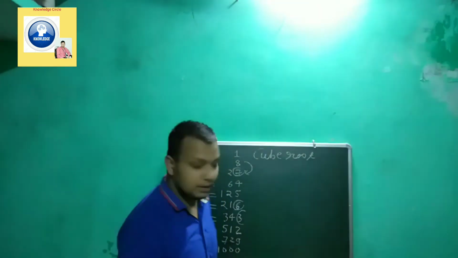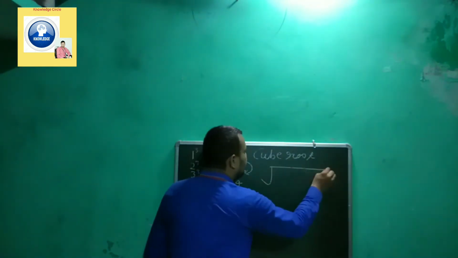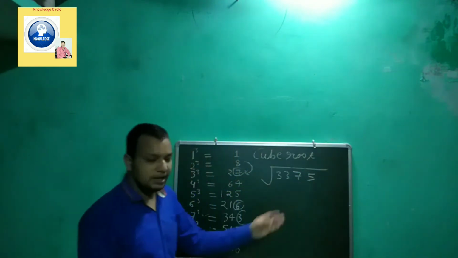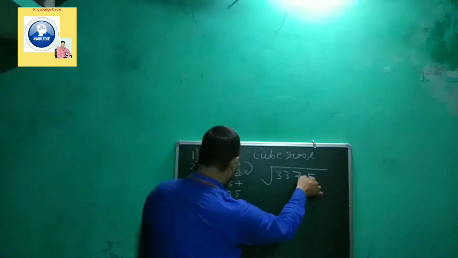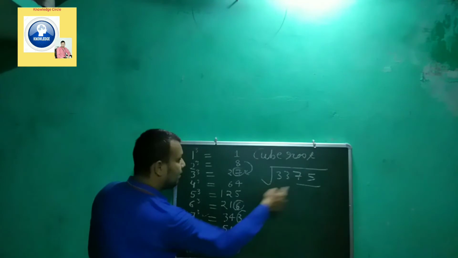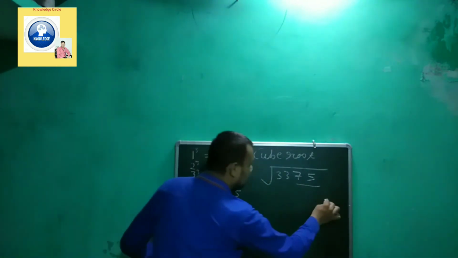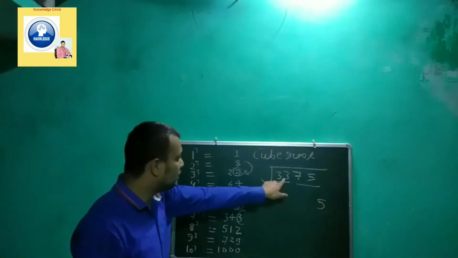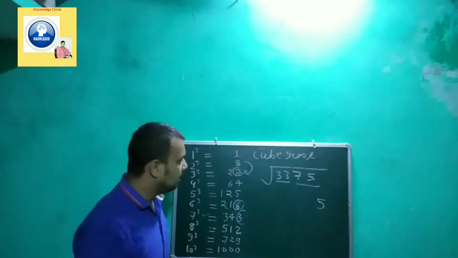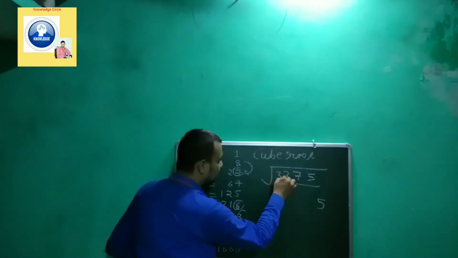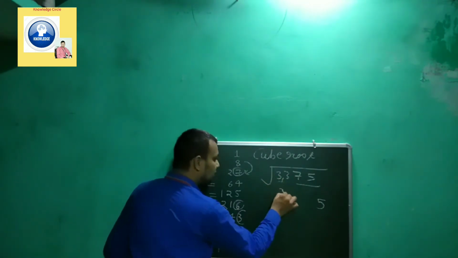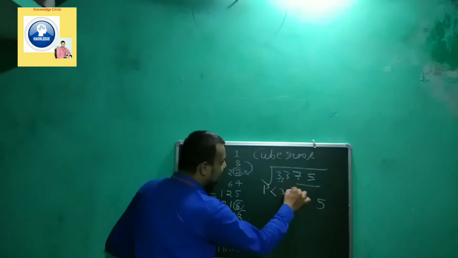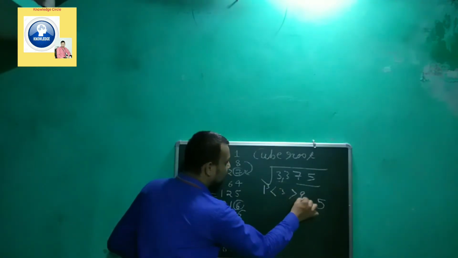Let's have another example, a small one, that is 3375. 5 is the unit place, so it will be 5. The next part is 3, not 33, because we are taking groups of 3 digits. 3 is greater than 1 cube and lesser than 2 cube, that is 8.